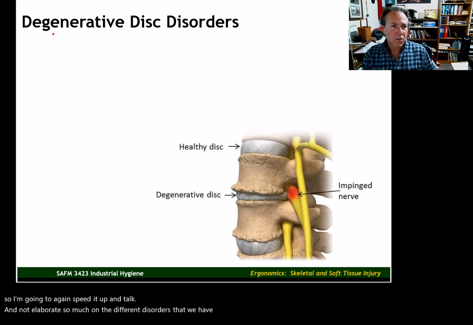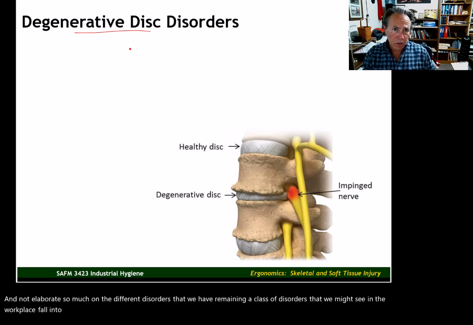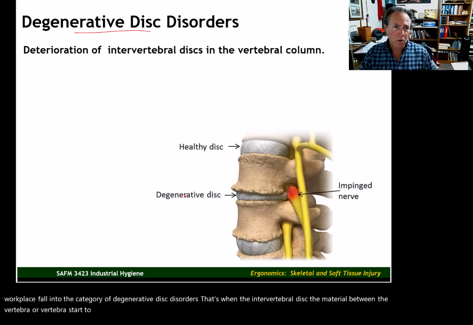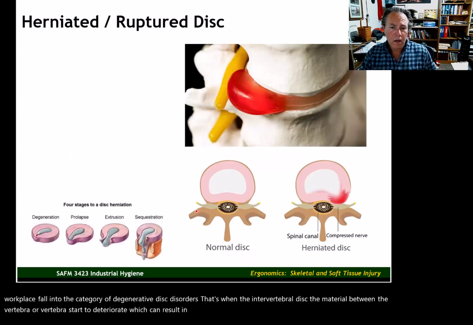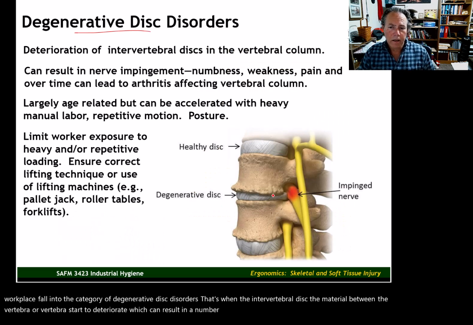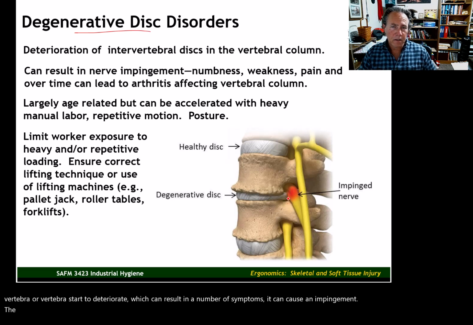A class of disorders that we might see in the workplace fall into the category of degenerative disc disorders. That's when the intervertebral disc, the material between the vertebra, starts to deteriorate, which can result in a number of symptoms. It can cause an impingement of the nerve, which can be manifested as pain, numbness, or weakness in different areas.